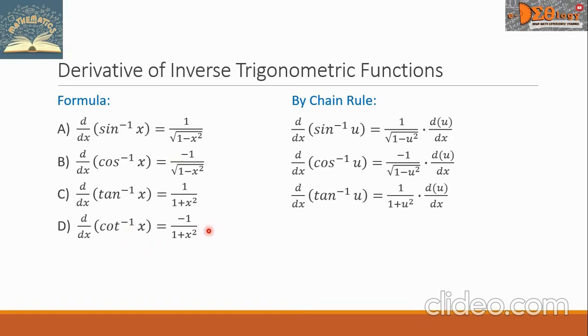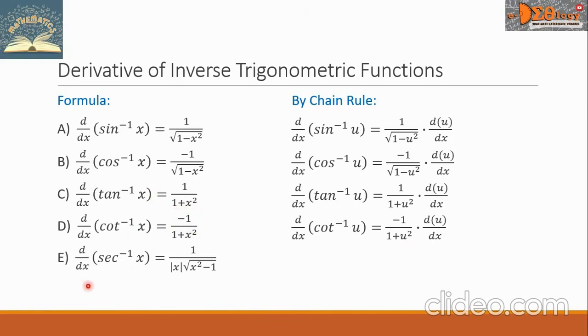This is equal to negative 1 all over 1 plus x squared. By chain rule, the formula becomes like this. Take note also that there is a similarity between the formulas of derivatives for tangent inverse and cotangent inverse. The difference is the negative sign for the cotangent inverse.